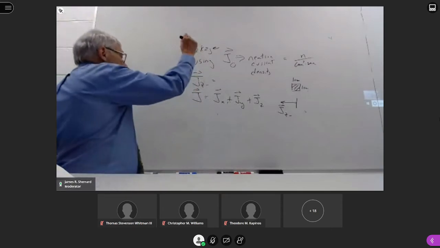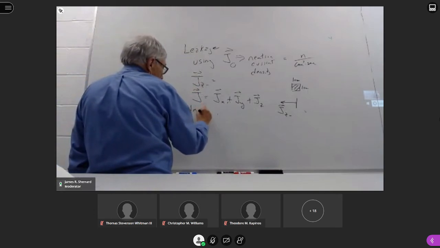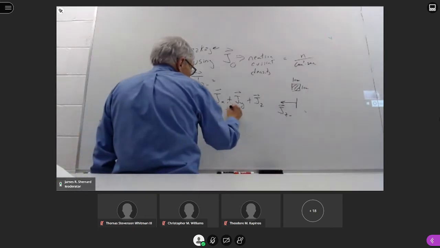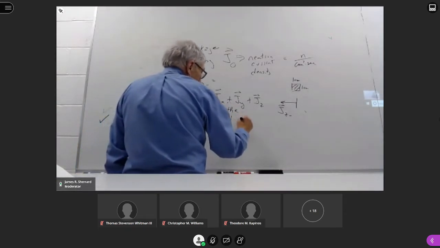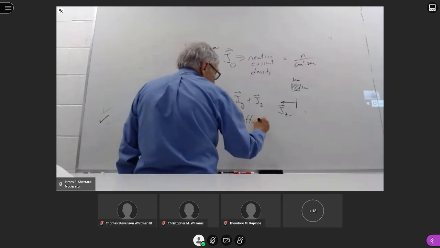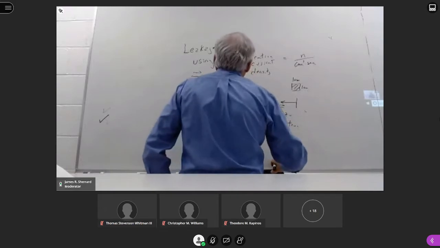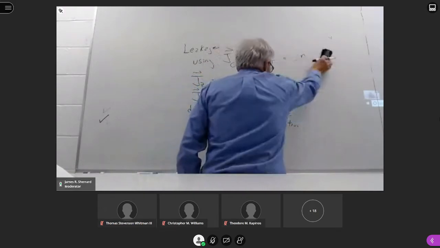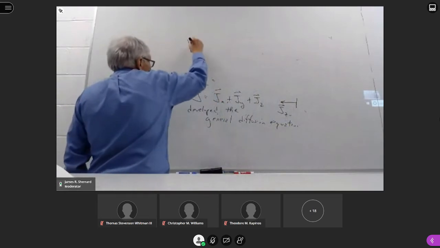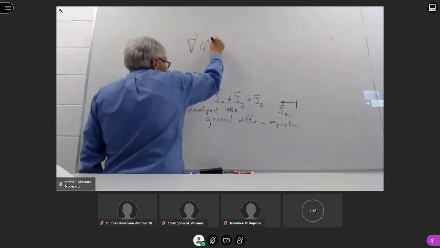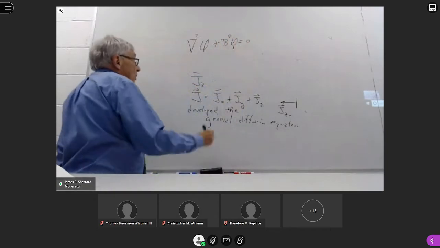Once we had that, we developed an expression for leakage, and then we developed the general diffusion equation. And that general diffusion equation was del 2 flux plus b squared flux is exactly equal to 0.